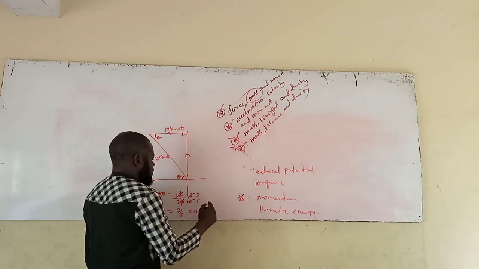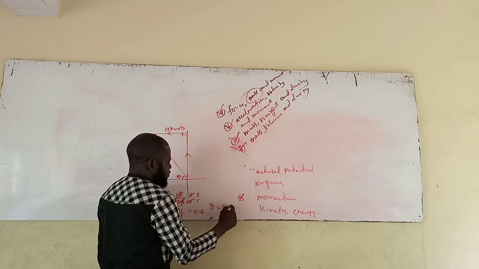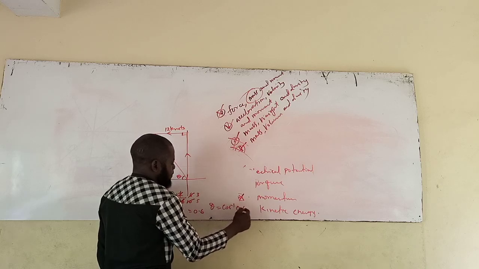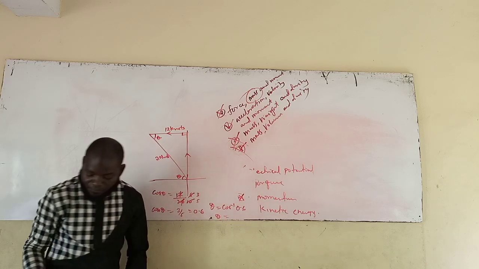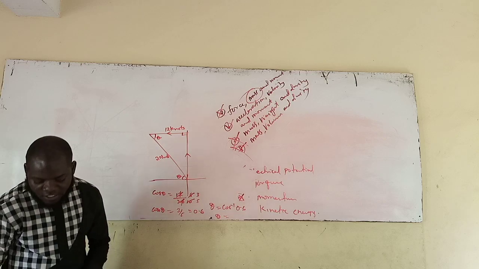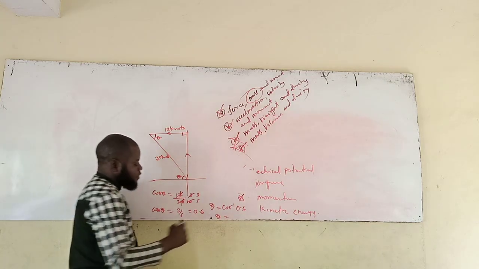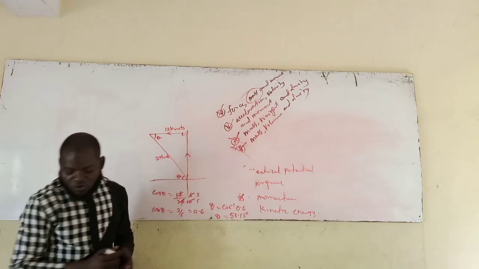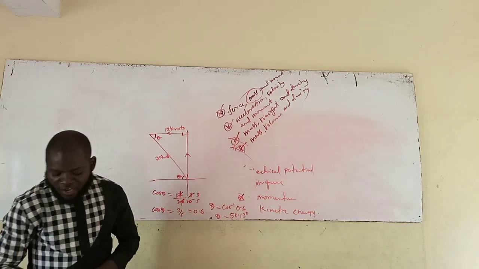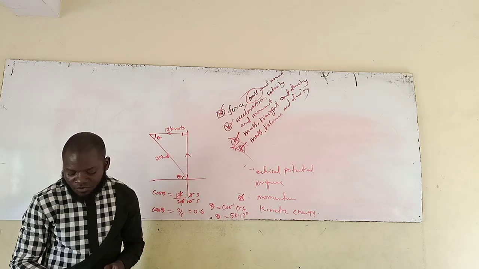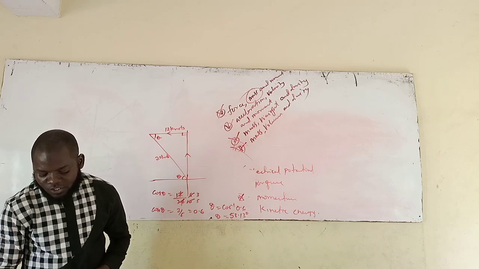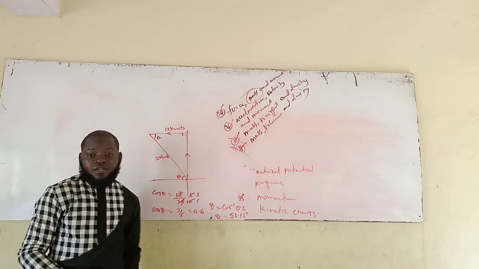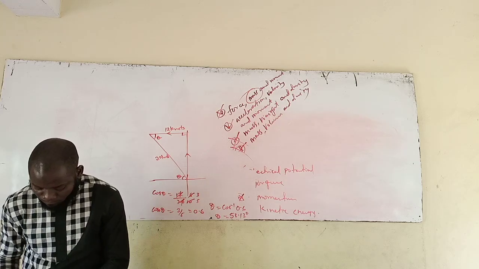So press your calculator for arc cos of 0.6. Arc cos of 0.6 will give us 53.13 degrees. And if you look at the options, option A is 36.87 degrees, option B is 53.13 degrees, and that will be the correct answer.